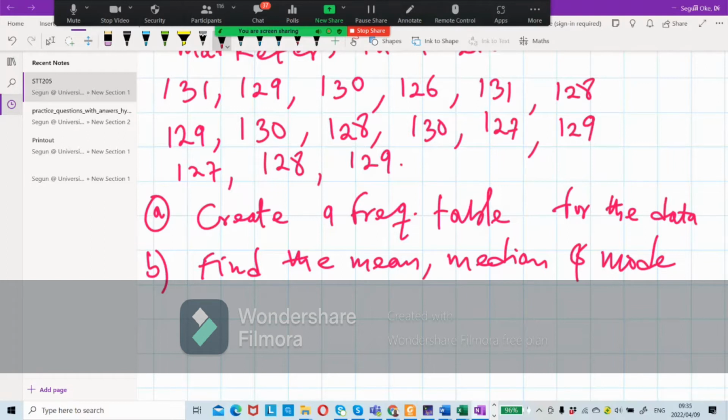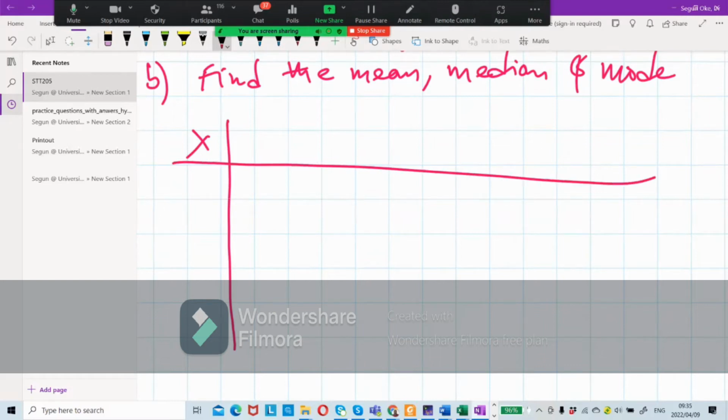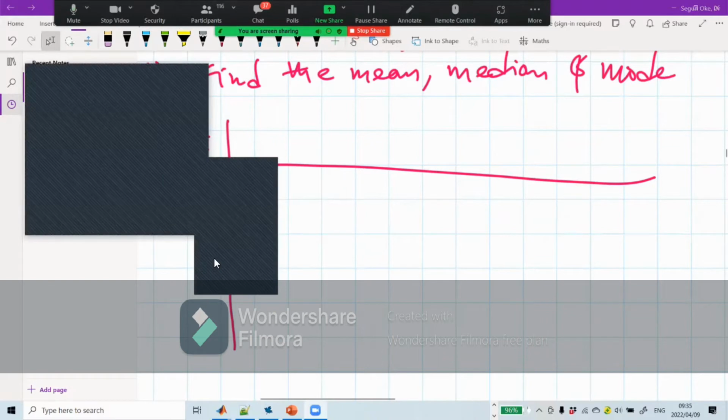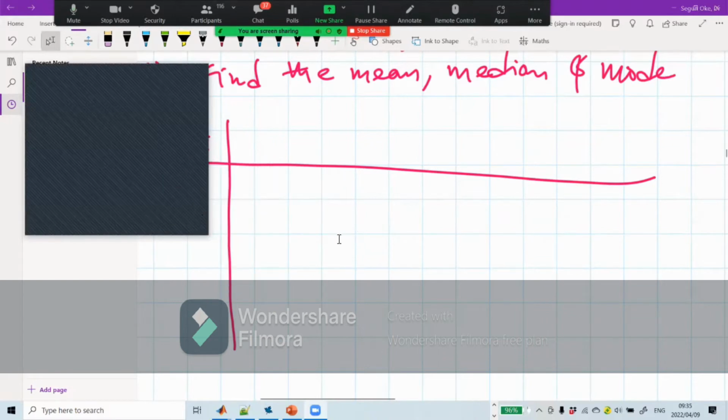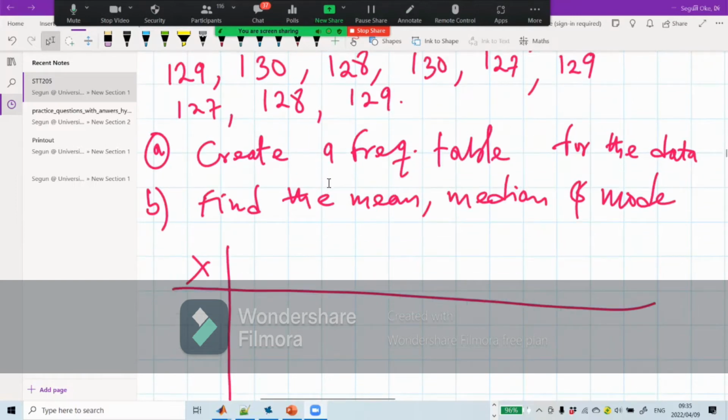So in this case, we need to create what we call the X. Our X is the number of sales we have on grant.